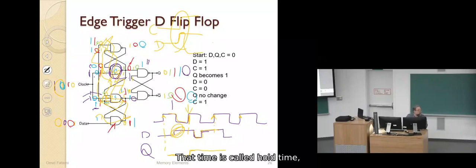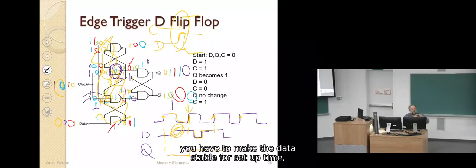That time is called hold time. So setup time and hold time are very important timing parameters for a latch, for a flip-flop. It means that before the edge, you have to make the data stable for setup time, and after the edge, you have to keep the data for the hold time. So I will have the slide later, but since I put it here, I told you.